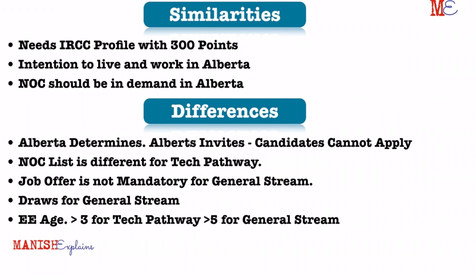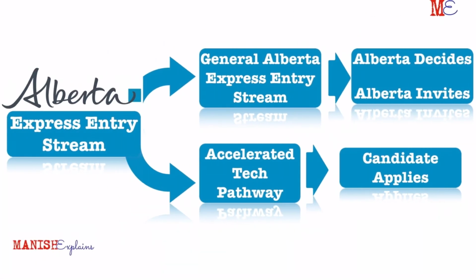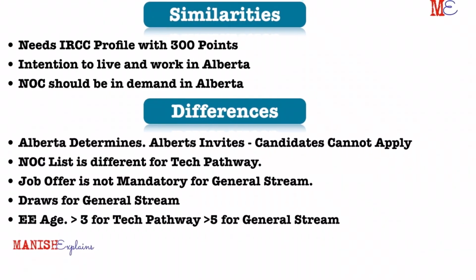Very quickly, let's go through the similarities and differences between the Alberta Express Entry stream and the accelerated tech pathway. The similarity is that both of these streams need an IRCC profile with at least 300 points. You should have expressed your intention to live and work in Alberta, and your NOC should be in demand in Alberta.